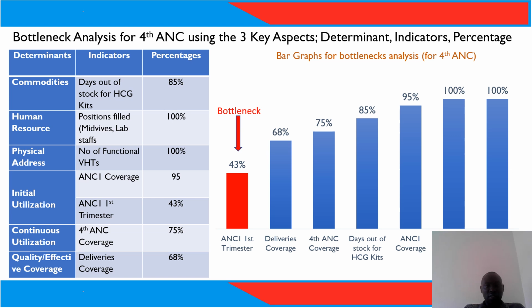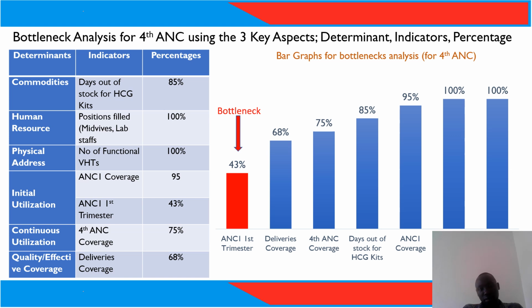That's why you are seeing the availability of stocks at 85%. How that is populated, you look at the number of days out of stock. Out of the 90 days we had, they only had a few days that were really stock out.